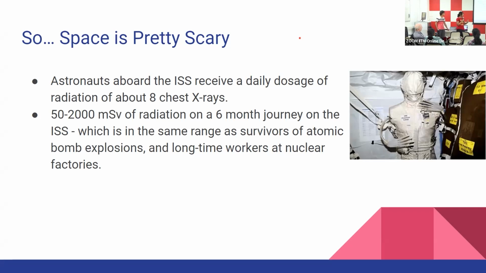And even astronauts, once they're aboard the ISS, have a daily dosage of huge amounts of radiation. So this obviously causes various health problems in these astronauts. So we would like to propose a solution so that they can have safer journeys.